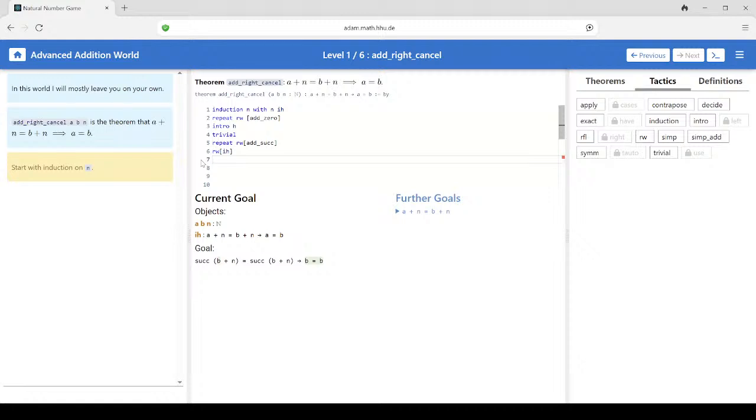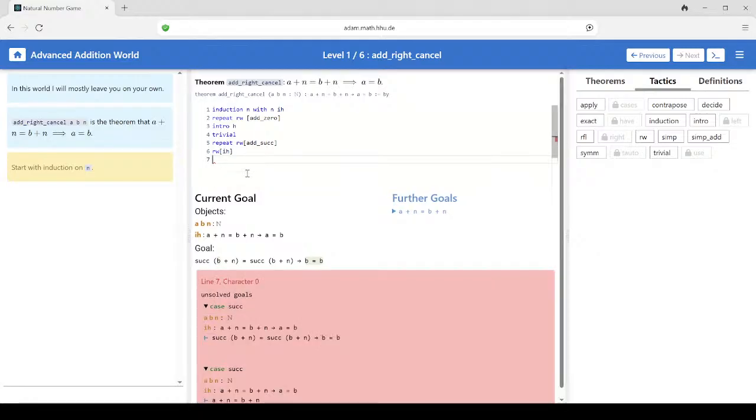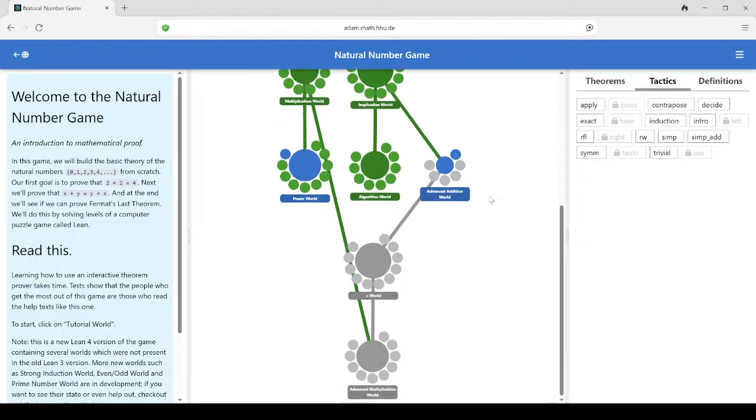What? I'm stuck. I'm so stuck. I am so stuck on this one. I can't do that. I don't know.